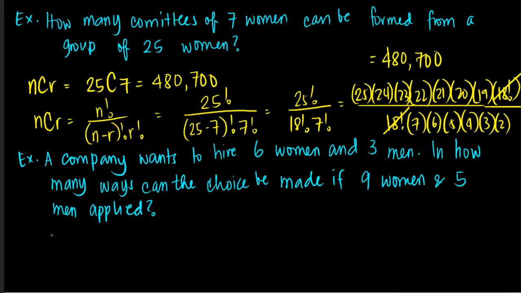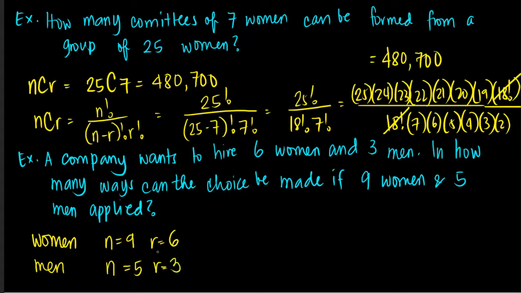Let's consider women first. For women, n is equal to 9, and r is 6. So, out of the 9 women, 6 will be chosen. And then men next. Out of the 5 men, 3 men will be chosen. Also, we have this word here, 'and'. So, this becomes 9C6. In our counting principles, 'and' means multiply.